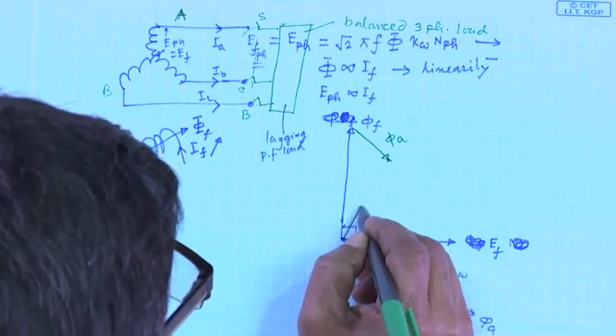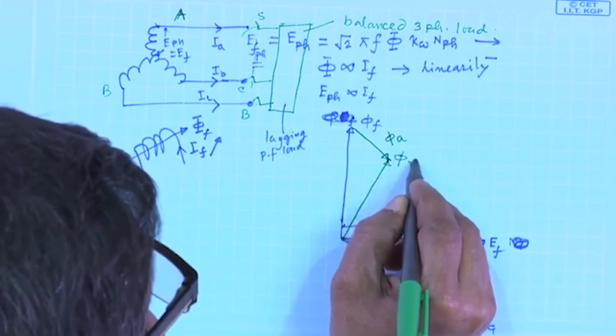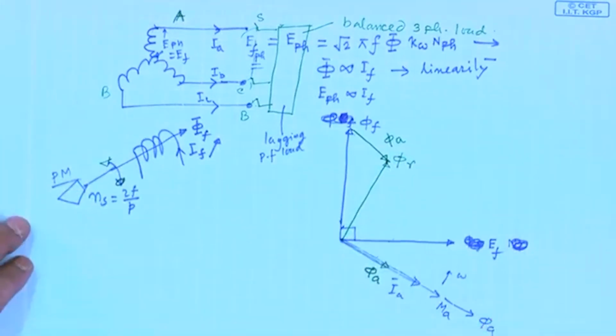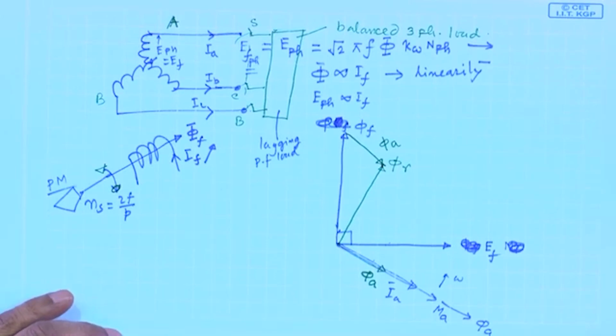We will decide what will be the resultant flux linkage, that is phi R or phi net, whatever you call it. This will be the thing. Is that clear? So, this will be your phi R.